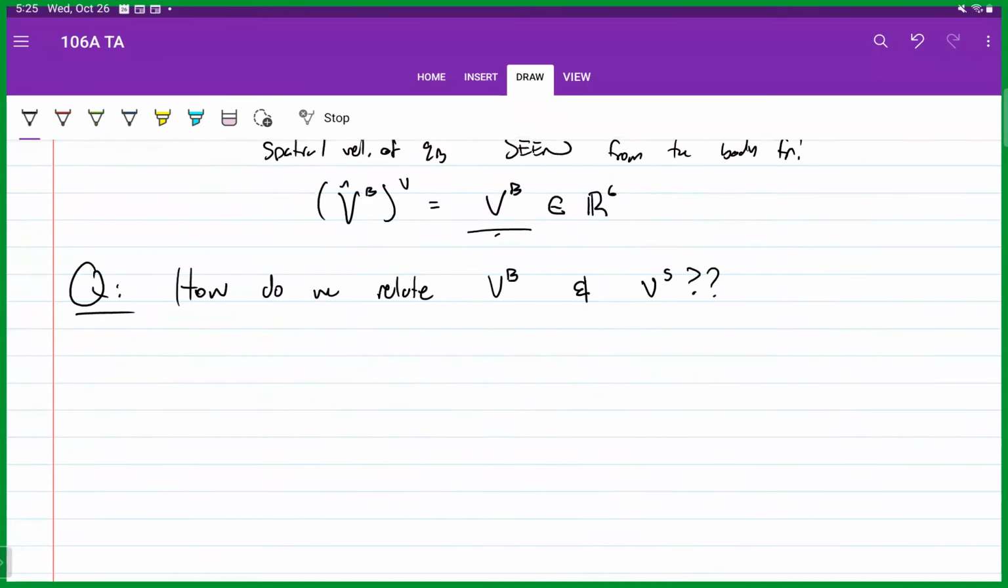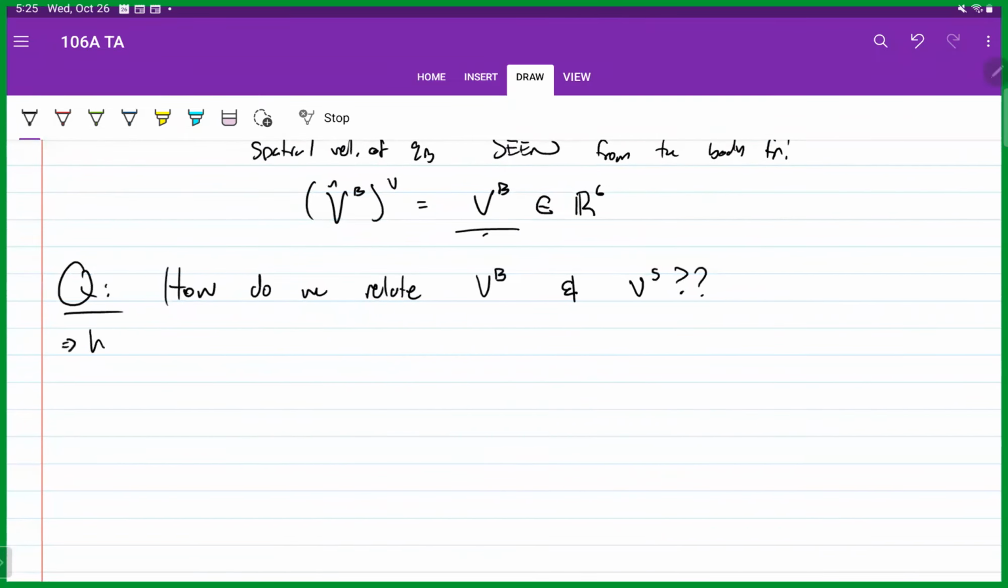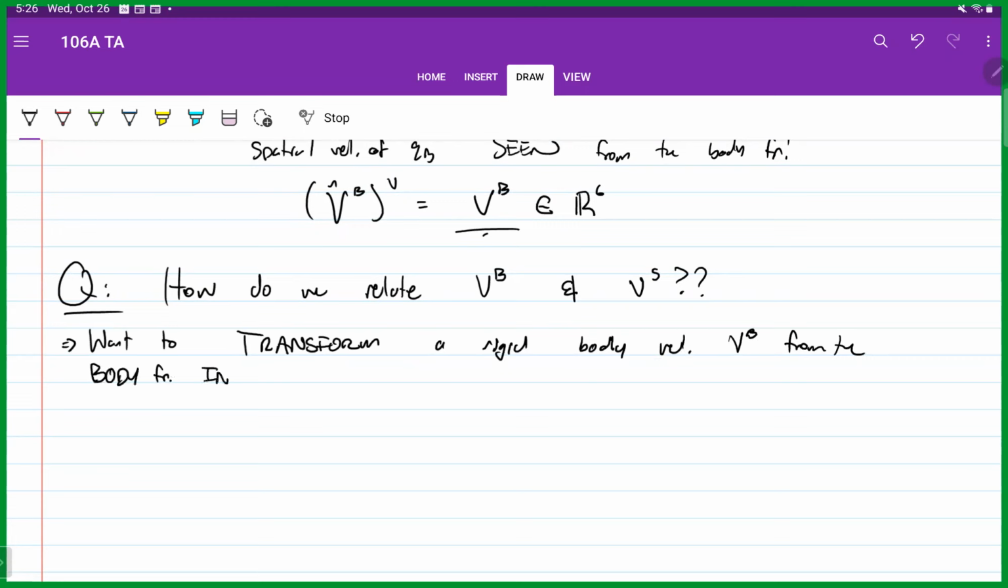So what we want to do is transform a rigid body velocity VB from the body frame into the spatial frame. Okay, so how do we do that?